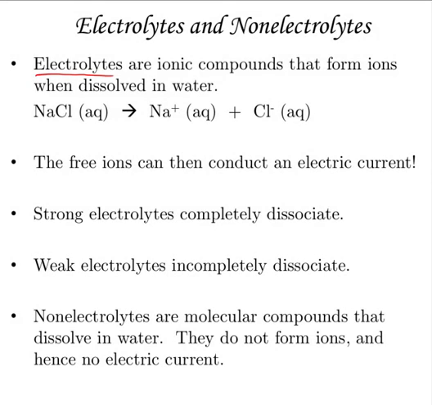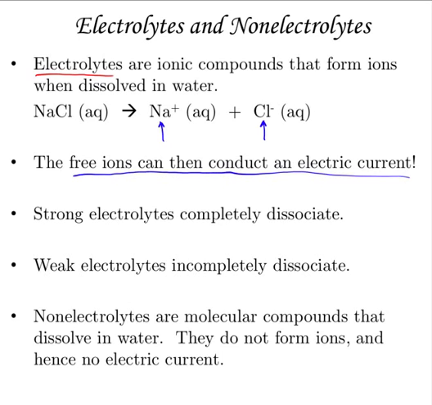Sodium chloride is going to dissociate and form the respective ions, sodium cation and chloride anion. And the following is going to be a fundamental requirement for a solution to be conductive. A solution has to have free ions in order to conduct electric current.